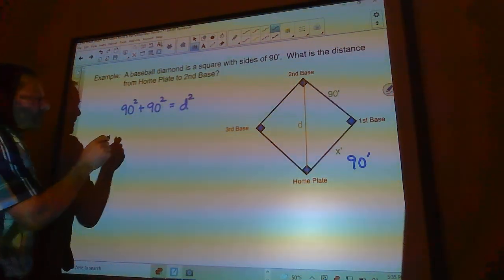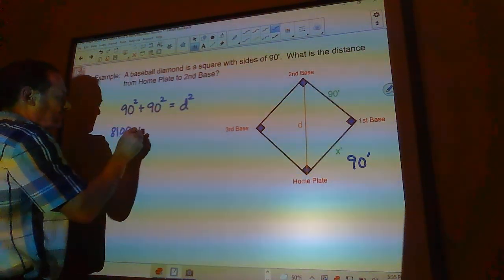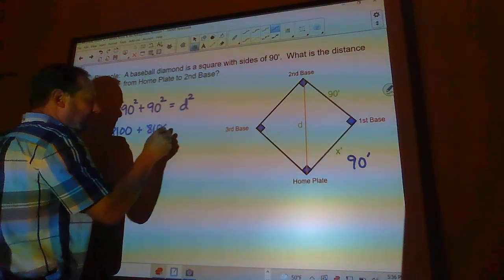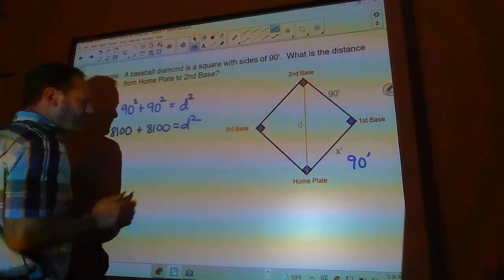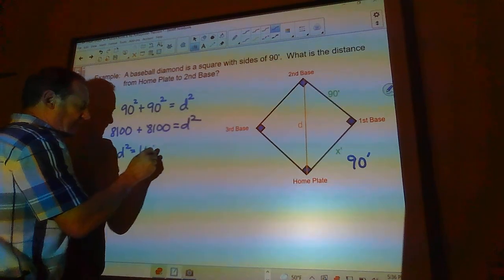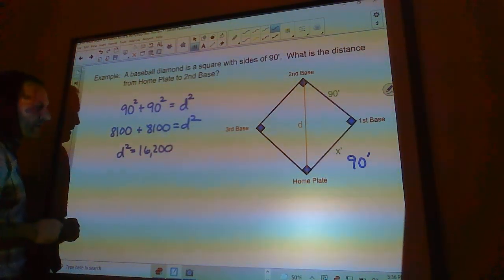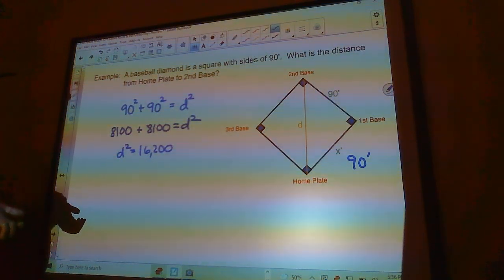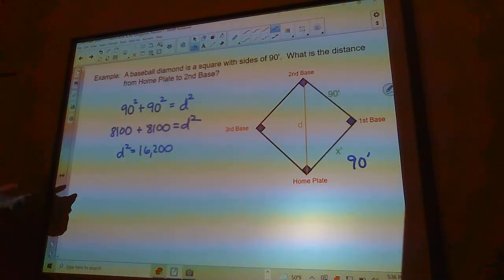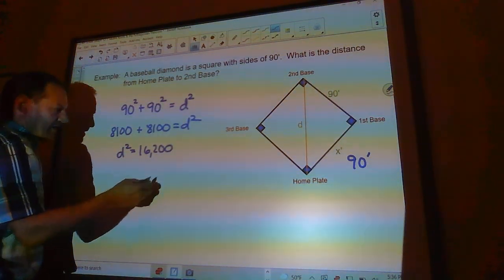So this is going to be 8100. This is also going to be 8100. So d squared is going to be 16,200. Okay. Now, depending on whether I want the exact answer or a decimal answer depends on what I'm going to do here. So this is the distance.